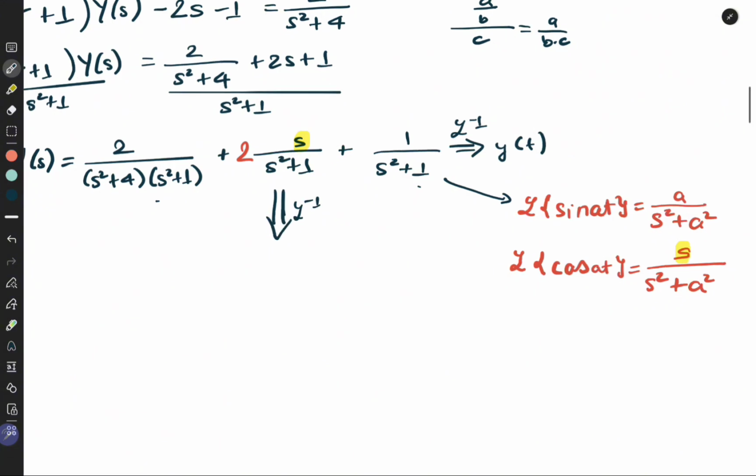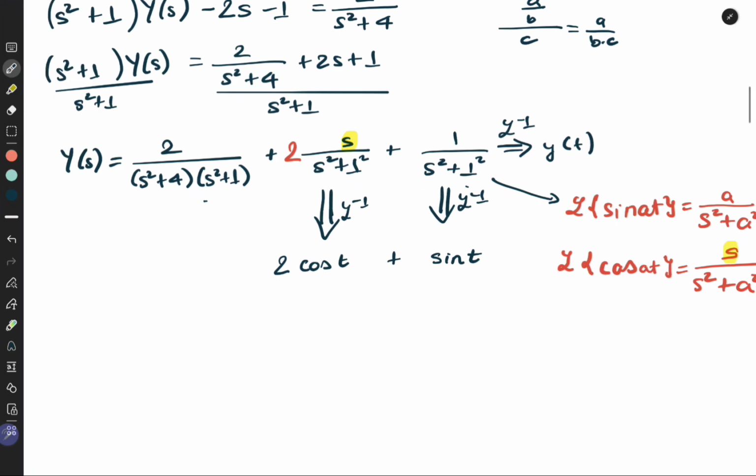So reverse, inverse Laplace, just 2 cosine of at, in this case a is 1, right? 1 squared here, 1 squared here. So 1t, just t. One more time. Inverse Laplace is sine of t. 1t, right? Is t. So I have 2 of them.